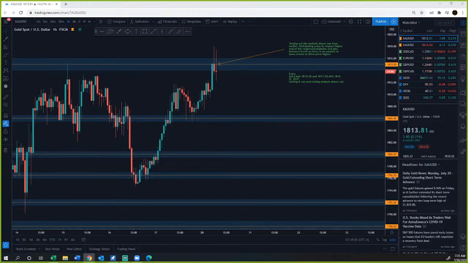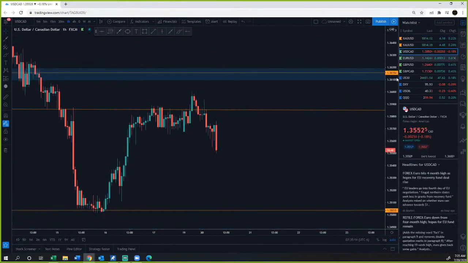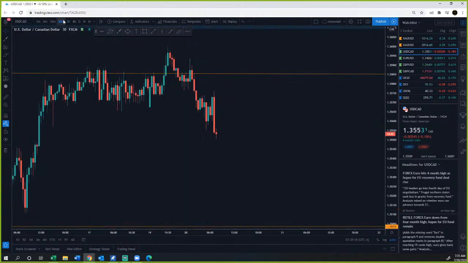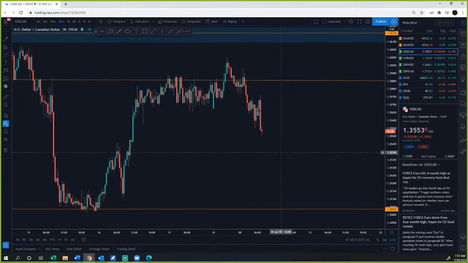I'll probably let that run. That was nuts. I just had gold playing on my MetaTrader. I rewind. No, I won't re-short this. Or should I? Nah, I'll leave it.